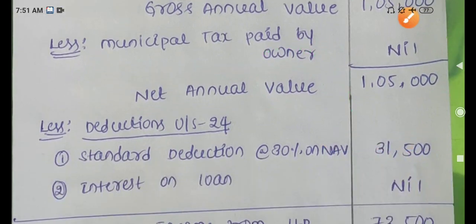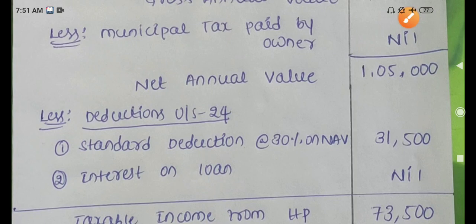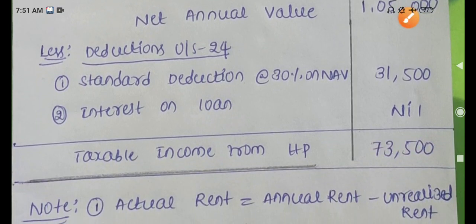And next, in that net annual value you have to deduct the deductions under section 24. So first deduction is, in all the questions you have to mention the standard deduction.